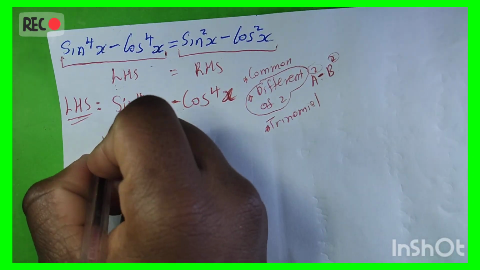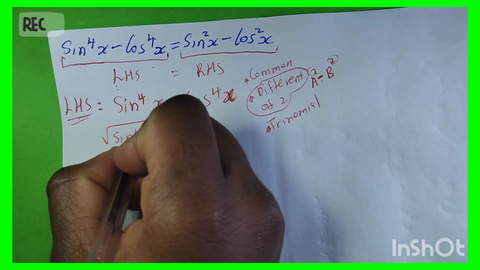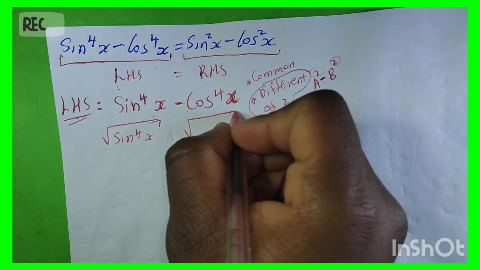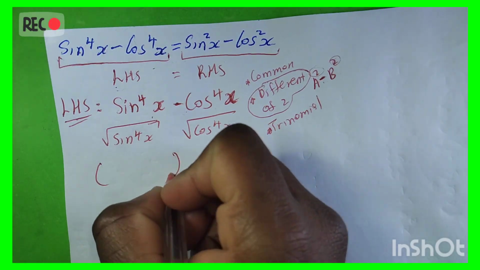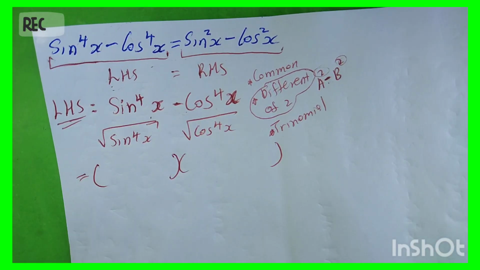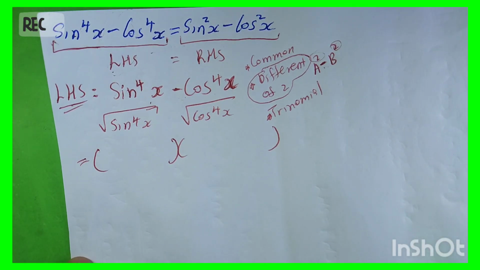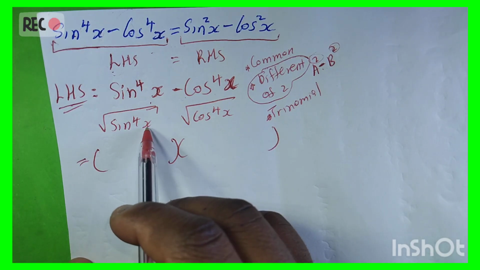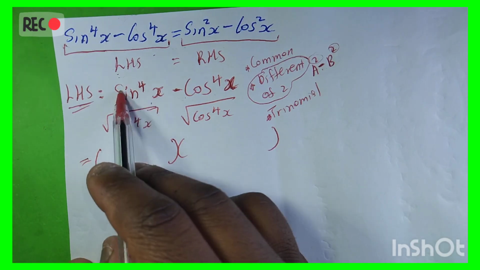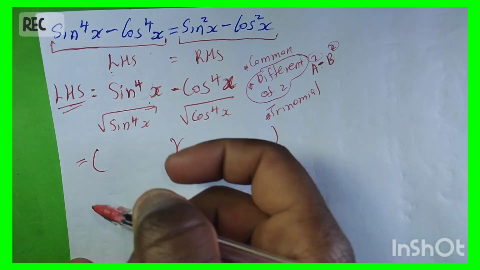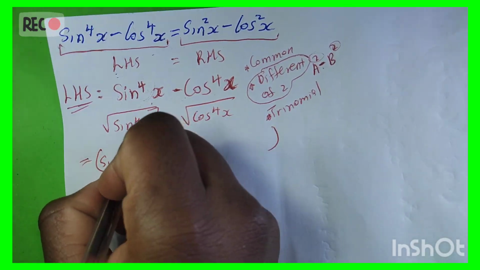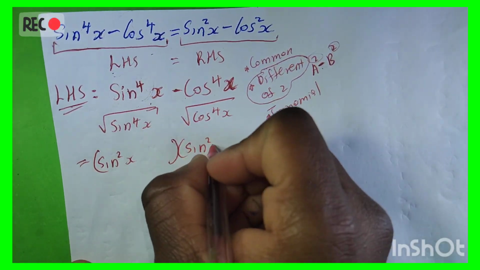So the only thing I will suggest is to factorize this term, as well as this. Then you'll do two brackets, just like this. Do you see? So once you do those two brackets, now you will take the square root of this. When you're taking the square root of a base, you halve the exponent, meaning that I will halve the exponent like this. At the same time, I will do it there.